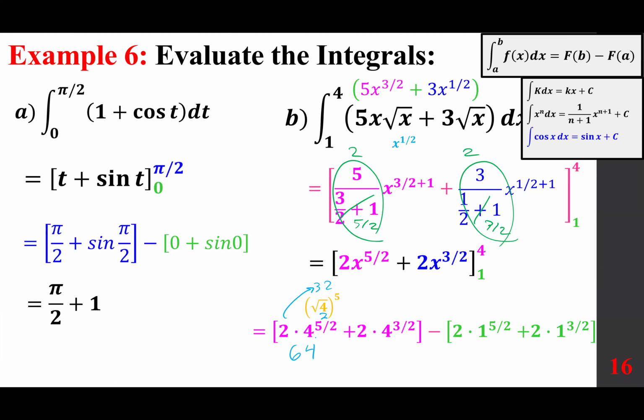Their product is 64. 4 to the power of 3 halves means the square root of 4 cubed, which is 8. 2 times that is plus 16. And of course, this is 1, this is 1, this entire thing is 4, so minus 4, and the answer is 76.